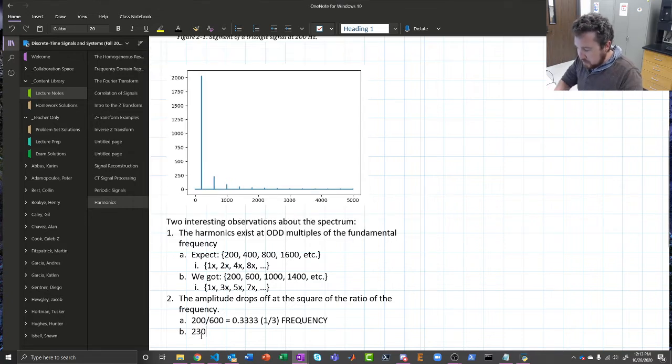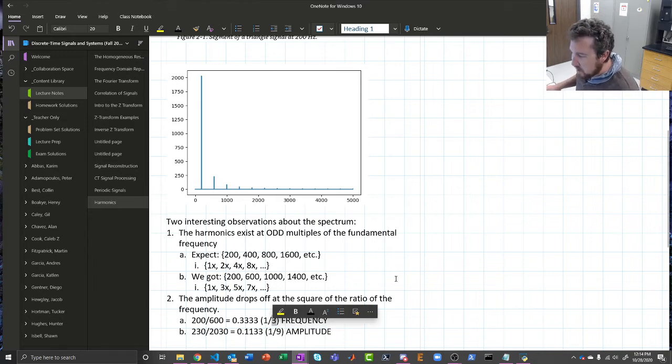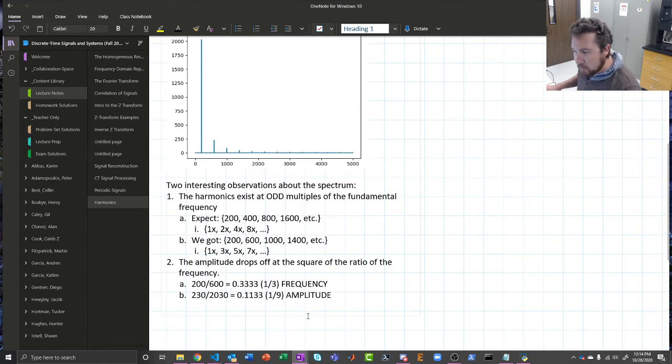So our ratio there is 230 over 2030. That equals 0.11, which roughly correlates to 1/9. So the amplitude was at 1/9, whereas the frequency drop-off was at 1/3. So whatever the drop-off is in frequency, the drop-off in amplitude is that squared.